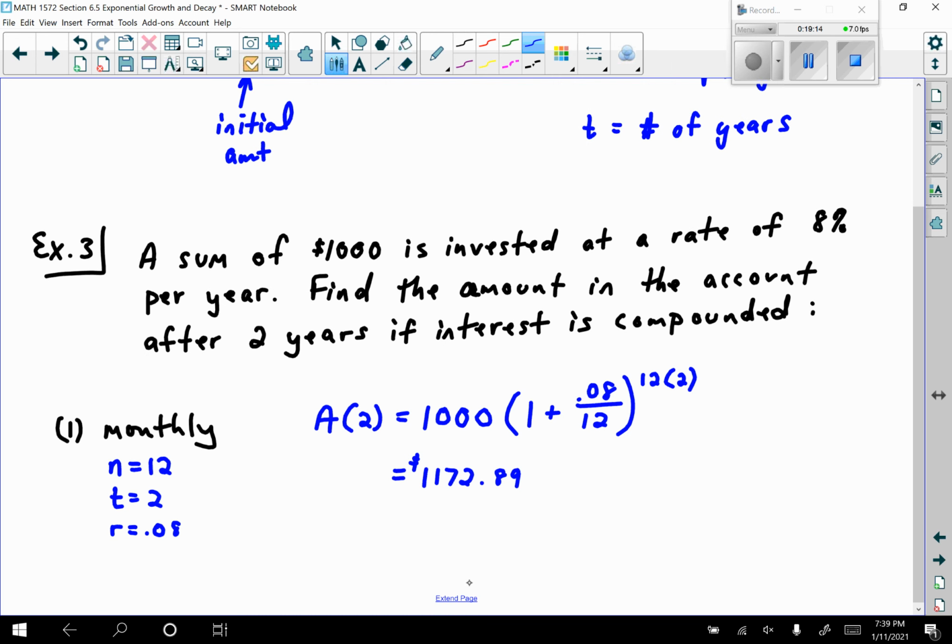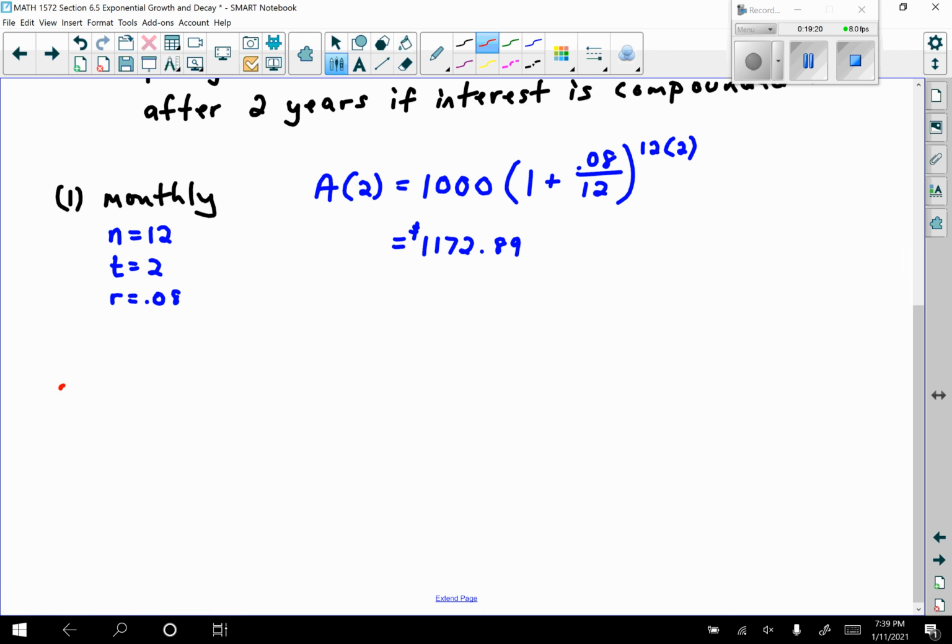So now let's take a look when our interest is compounded daily. So in this case, once a day, that means 365 times a year. t is still 2, and r is still 0.08.